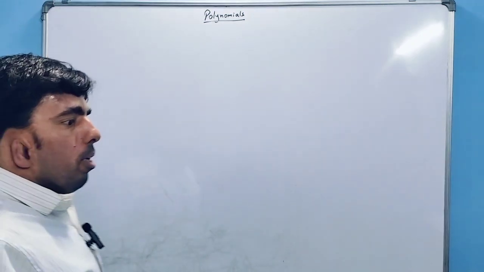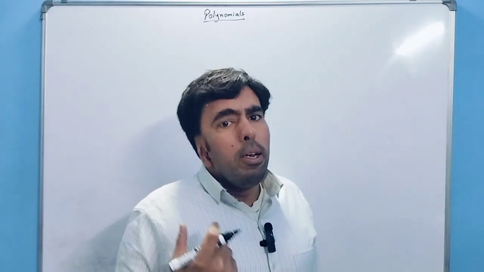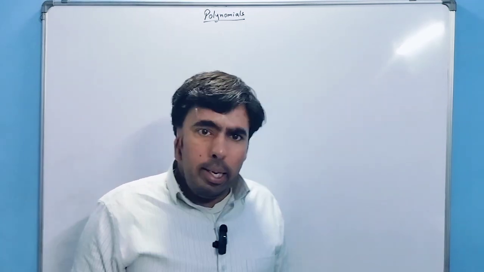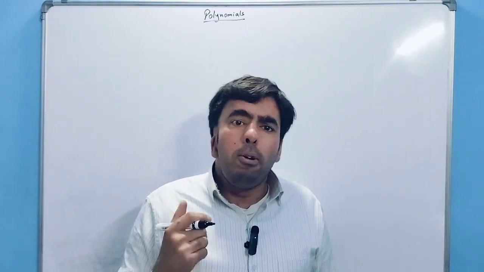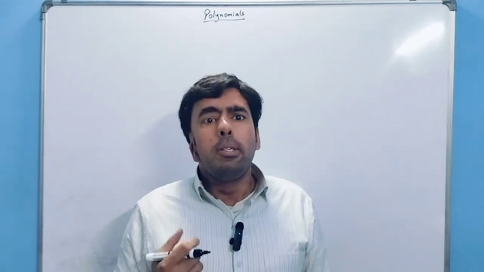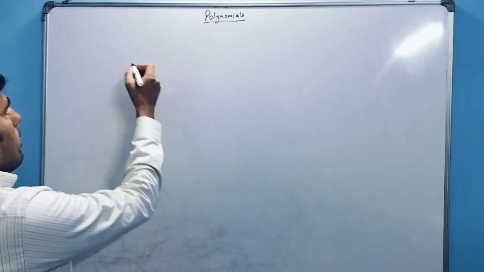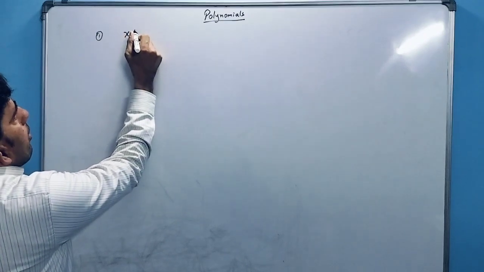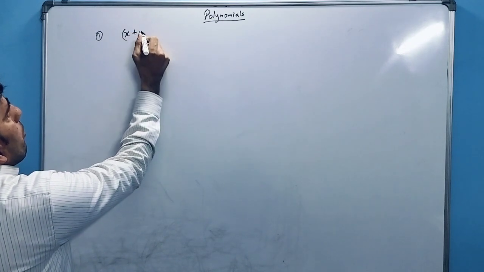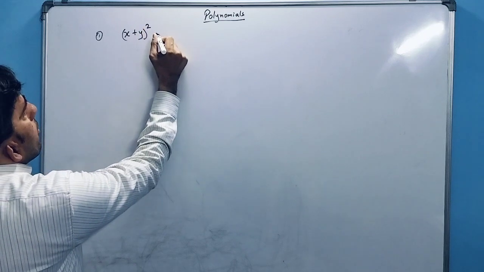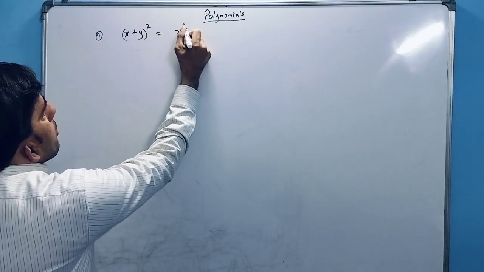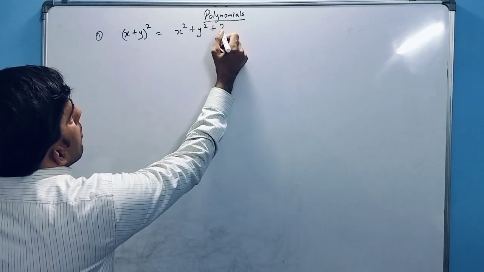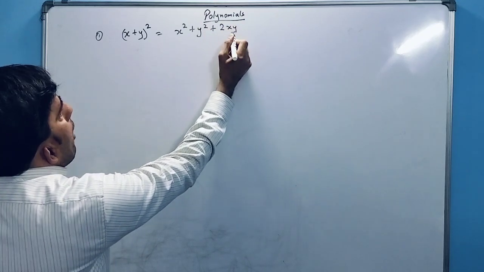So today's step is first we will practice to learn the identities, then we will solve the numericals based on them. Now see what is given in this first identity. I have (x plus y) whole square, that is x square plus y square plus 2xy.